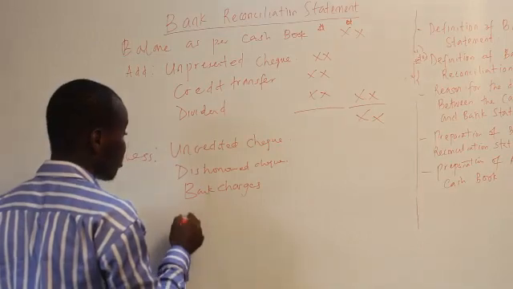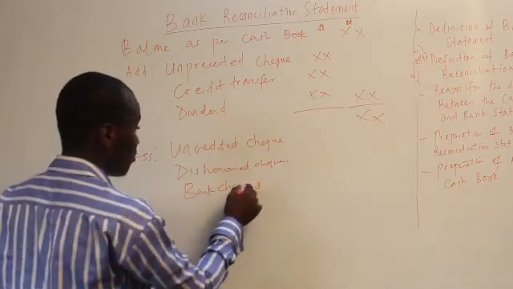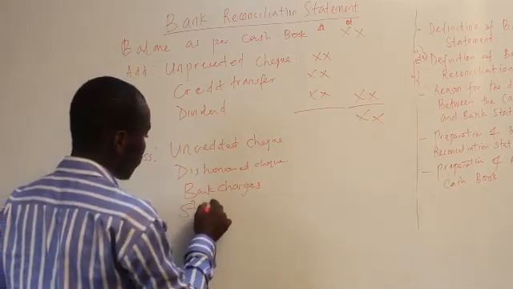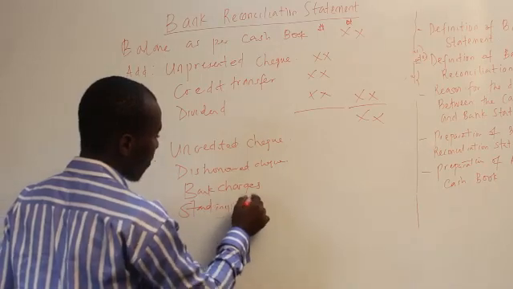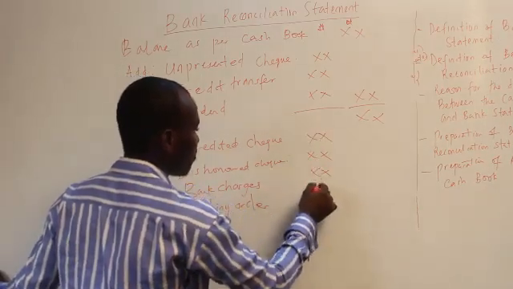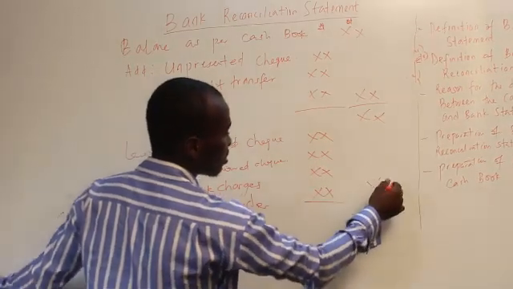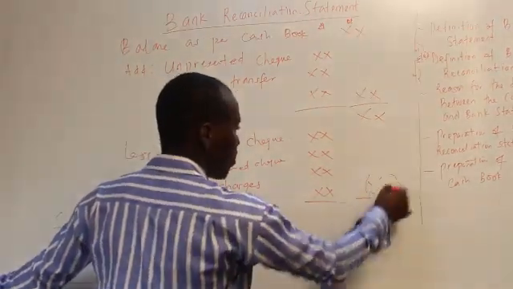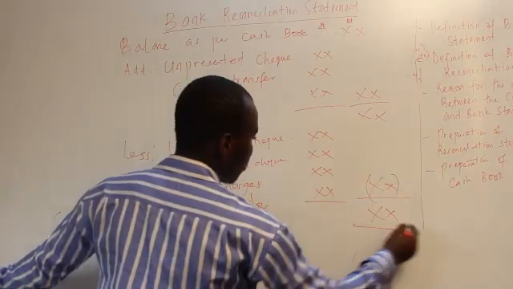That also, we are going to less standing order. So we have this, we have this, we have this, then we have this. That gives us this. So then we less that, and that gives us what we are going to have.